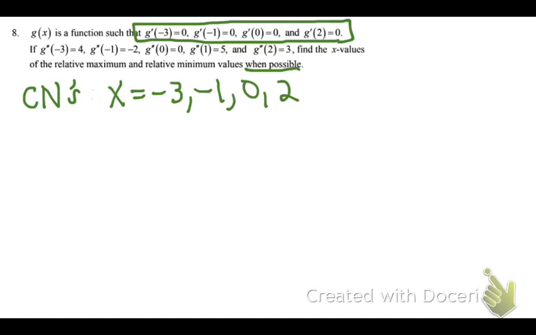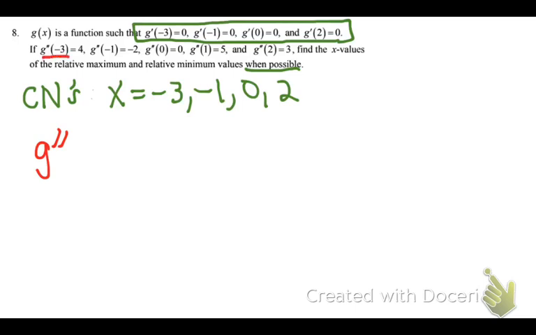So since I have the outputs for each of these critical numbers for the second derivative, we are going to use the second derivative test. So with the second derivative test, we have g double prime at -3.